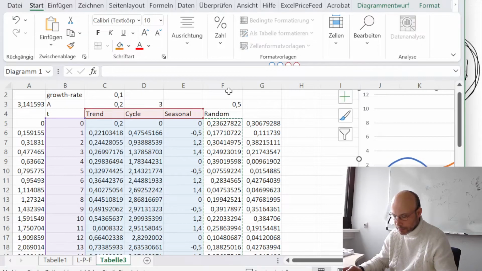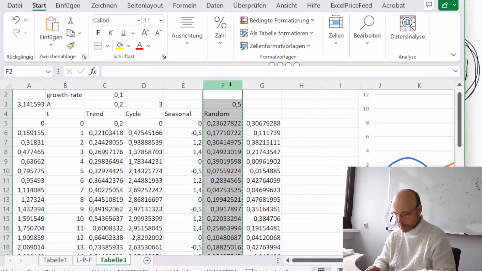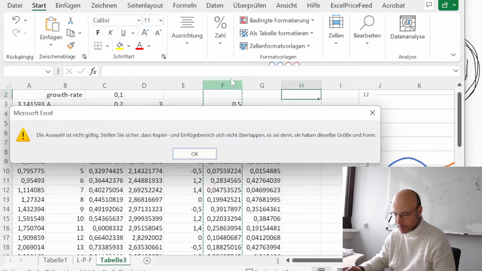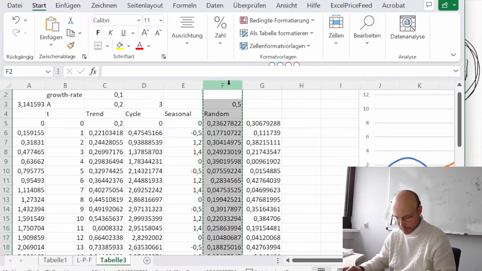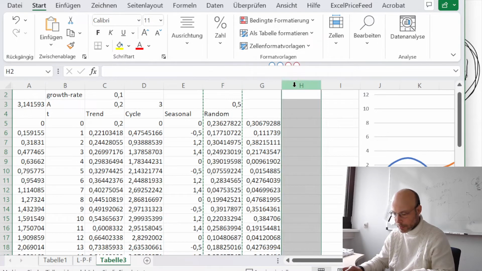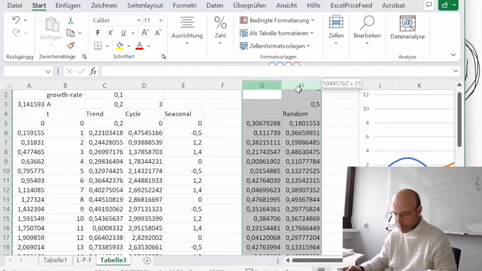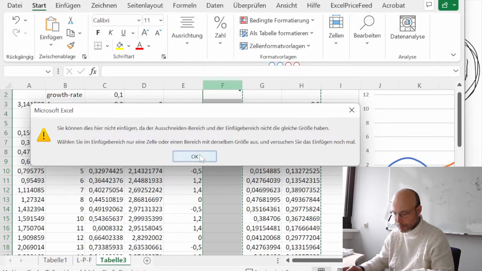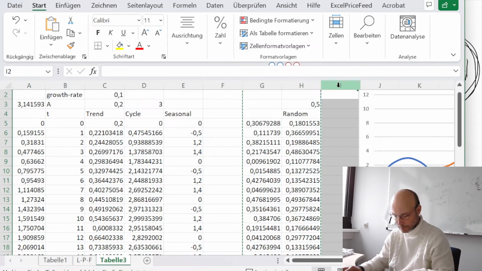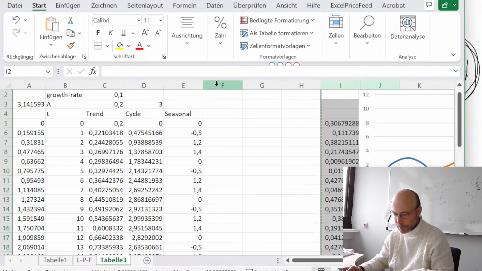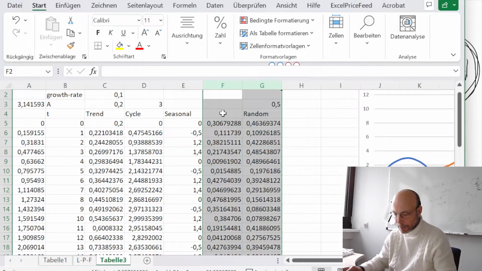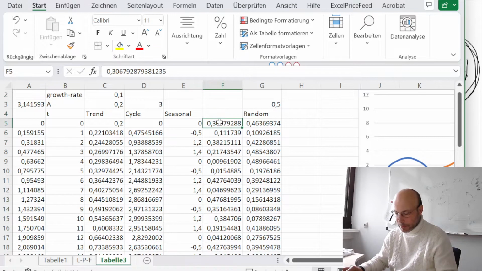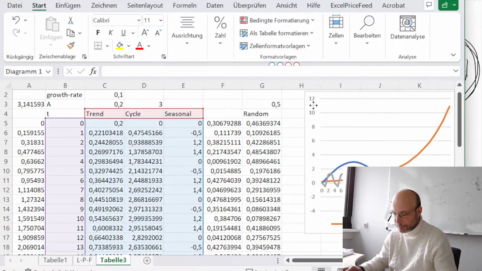Then I move this one up. That's not working. Hopefully this one, and so putting this back. No, it's not possible. So these numbers are then fixed and they are not always changing.